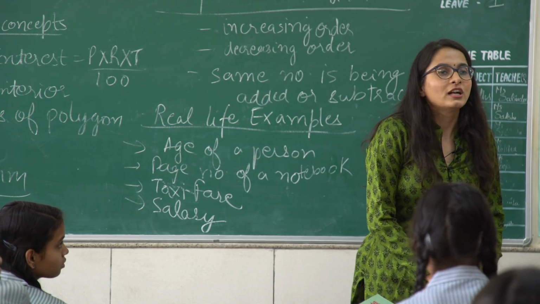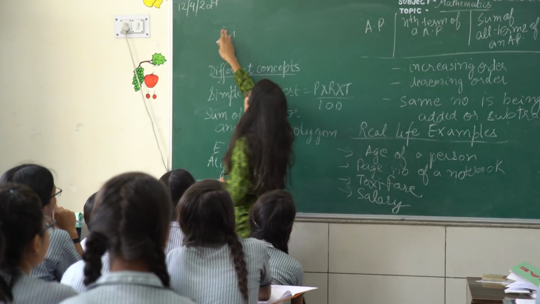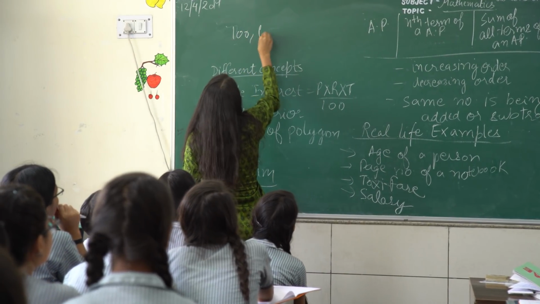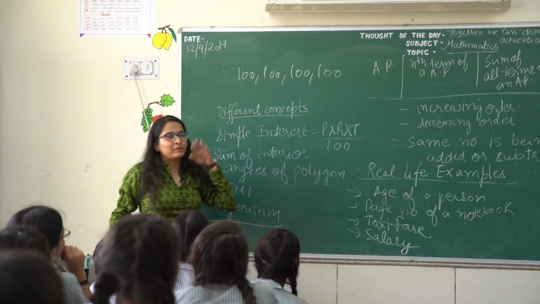Yes, Supriya. It is possible that the common difference can also be 0. Good question. Okay, let me give you an example. I am a very intelligent student. I always score 100 in math. Is this an AP?